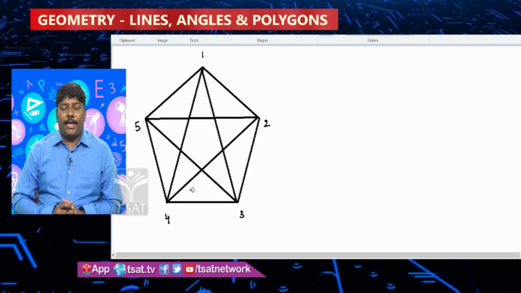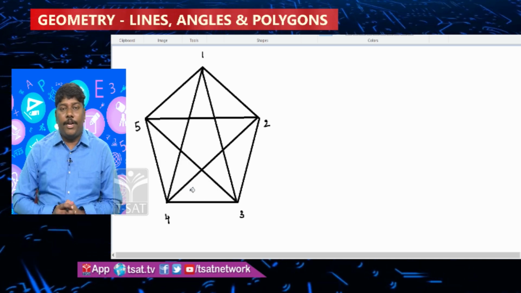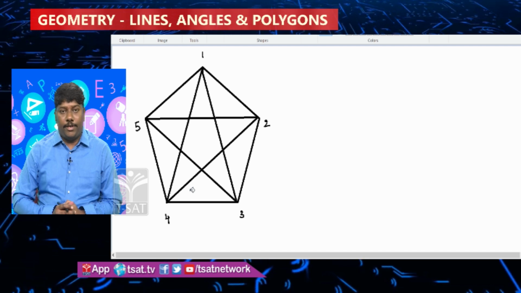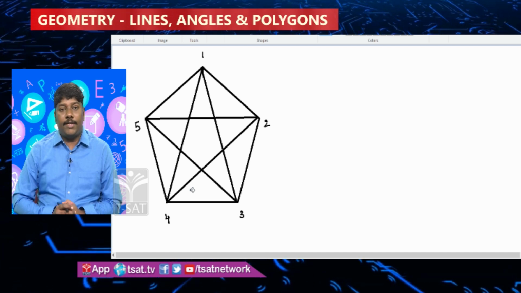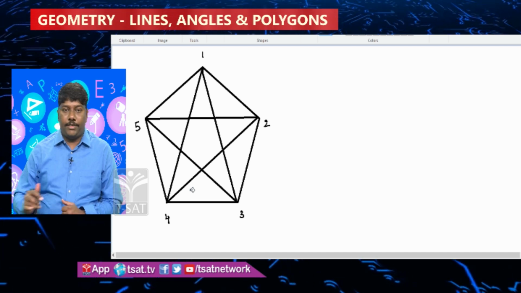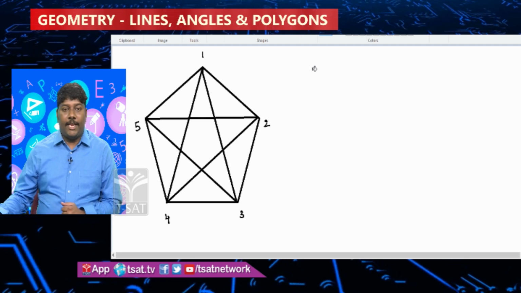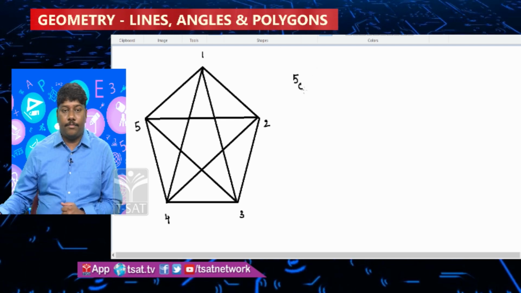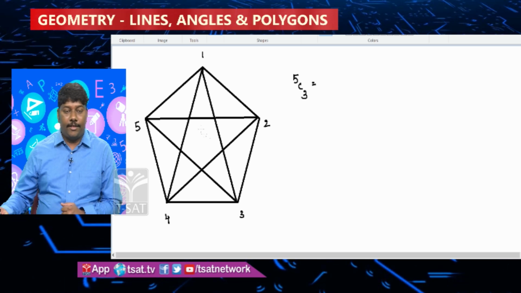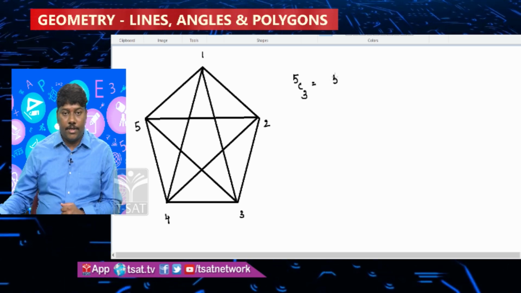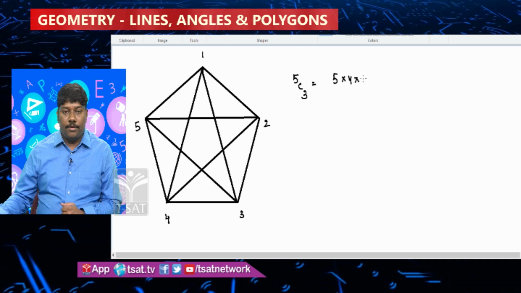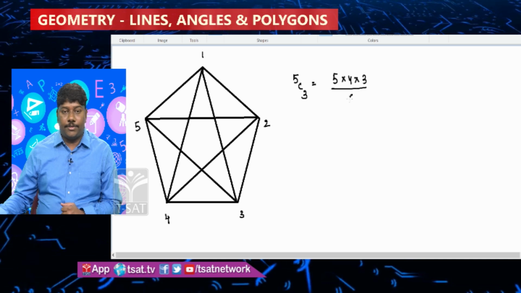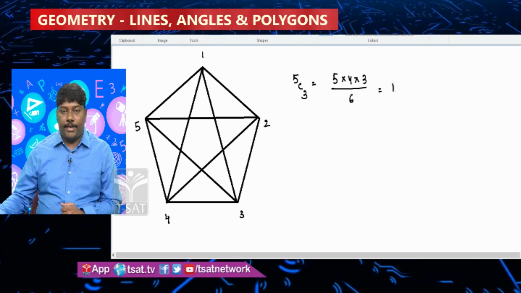In order to form a triangle, all you need is just 3 points. So you simply select 3 points out of 5 points, which is 5C3. How many triangles are there in this figure formed by vertices? 5 into 4 into 3 by 3 factorial is 10. There are 10 triangles.